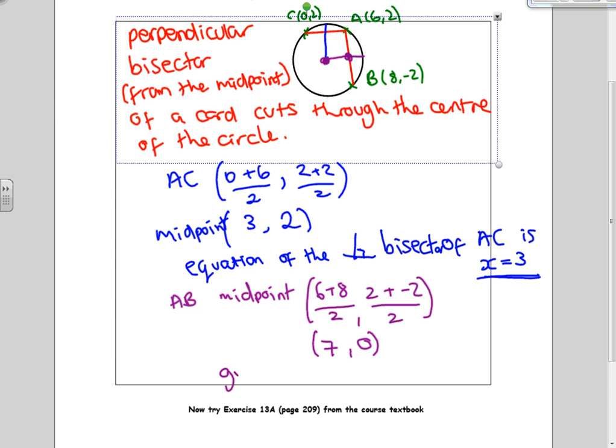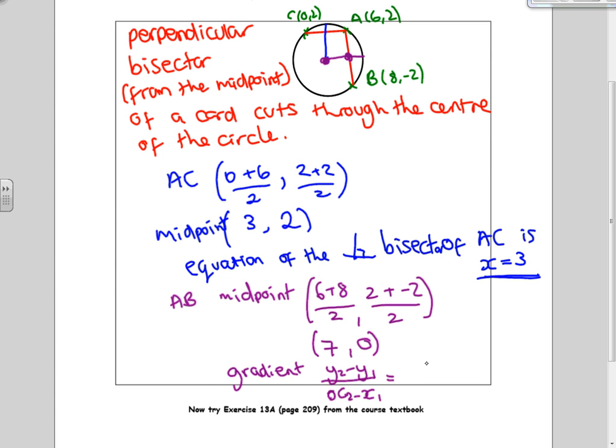So the gradient will be change in y over change in x, which in this case will be minus 2 on the top, and it will be 8 minus 6 on the bottom.